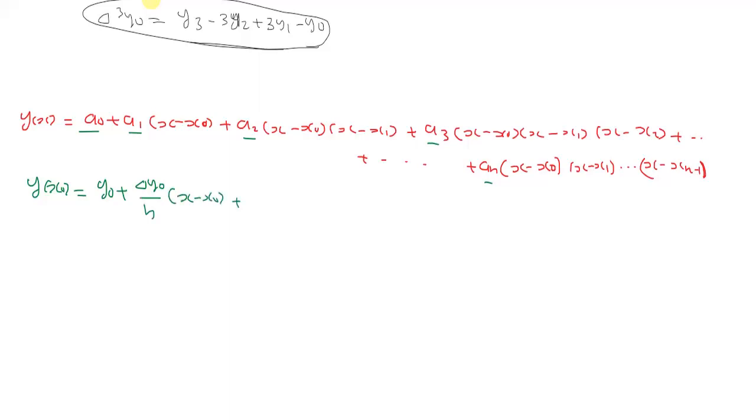And what is a2? A2 is equal to del square y naught by 2 factorial into h square into x minus x naught into x minus x1.